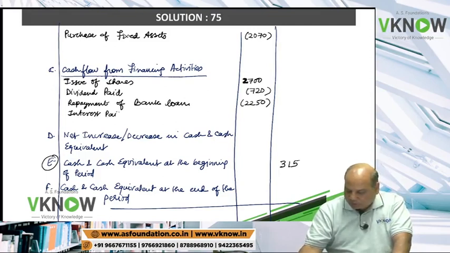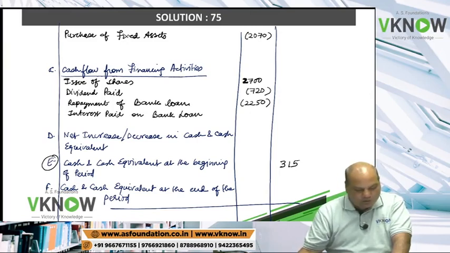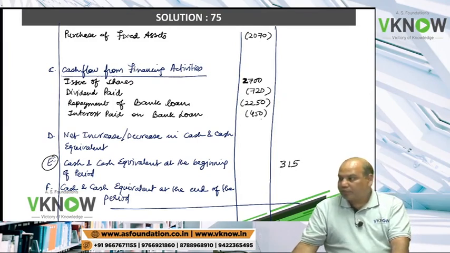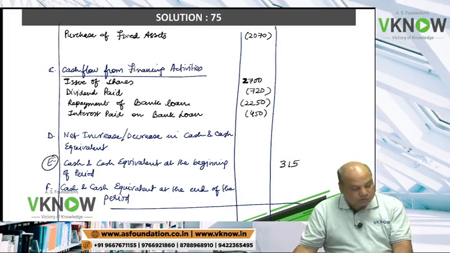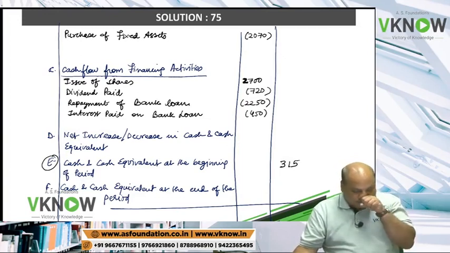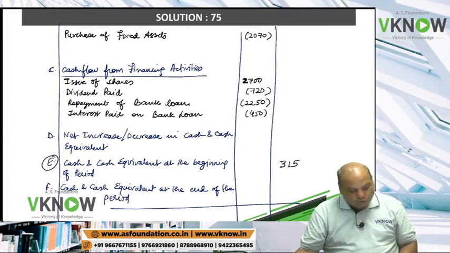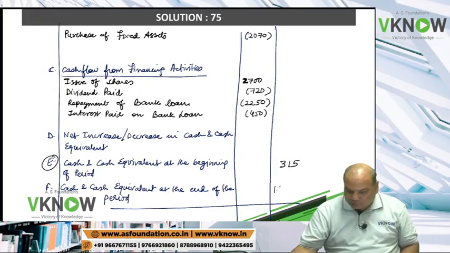Interest paid on bank loan is a financing activity. All figures are readily available. Outflow 450. And the last line, balance on 31st March 2020. This is your closing balance 1458.